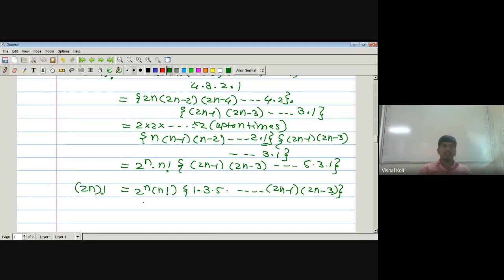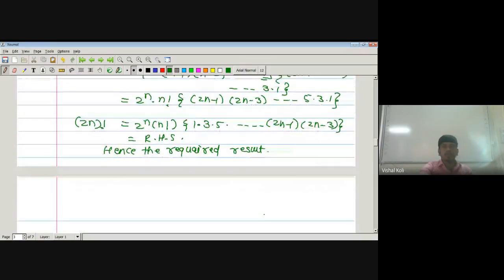Therefore, 2n factorial, here we get the RHS, which is what we had to do. Hence the required result. Okay, so we have proved LHS is equal to RHS.